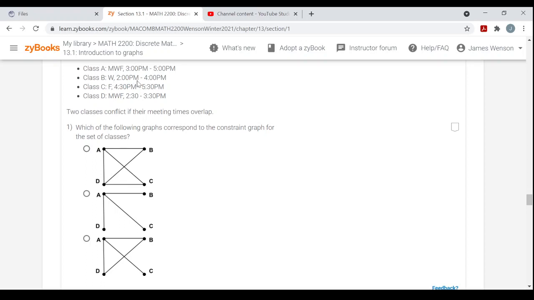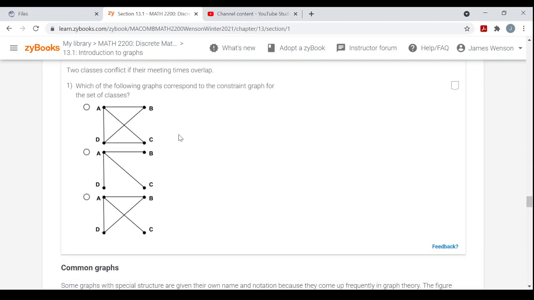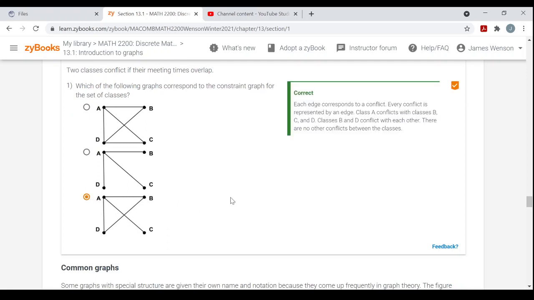Well, yeah, there's an overlap there, so there should be an edge from B to D. And then from C to D, they meet Friday, sure, but at different times. There's no overlapping. So A to everything, and B to D. This one here gives me all the edges with the conflicts.